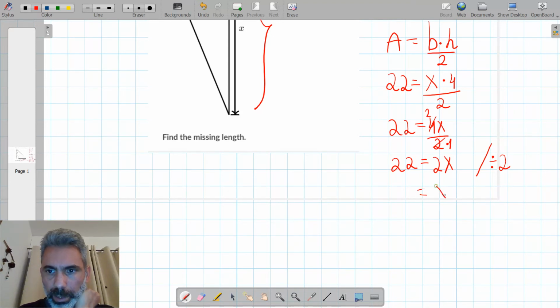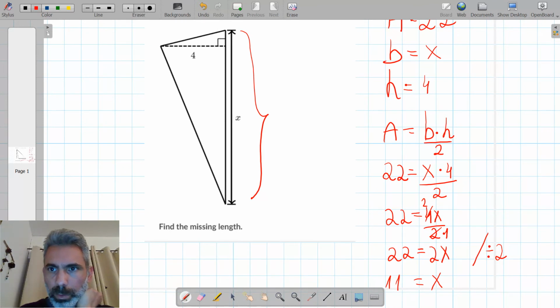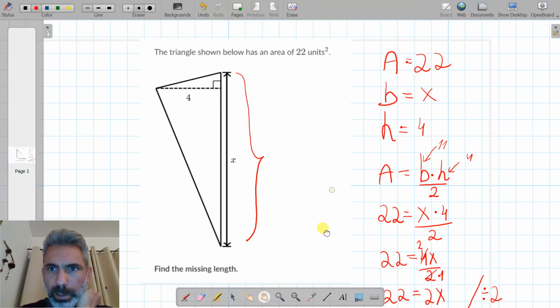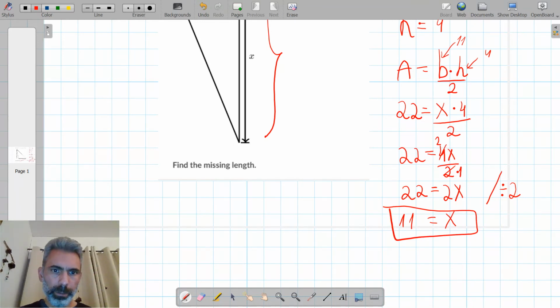So on the right hand side I'm left with x, and on the left hand side I have 11. And if I plug 11 in the original formula, so b is 11, h is 4, 11 times 4 is 44, 44 divided by 2 is 22, which is the area of the triangle. So the answer is indeed 11. X is the missing length.